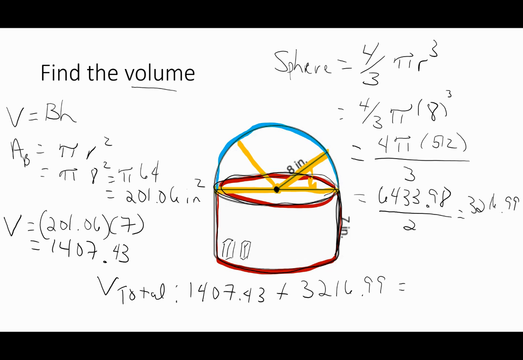We add those both together because they are not one inside the other. They're adjoined. So we have a total of 4624.42. And because it says inches, it's inches cubed. So that's how you find the volume of a composite figure.